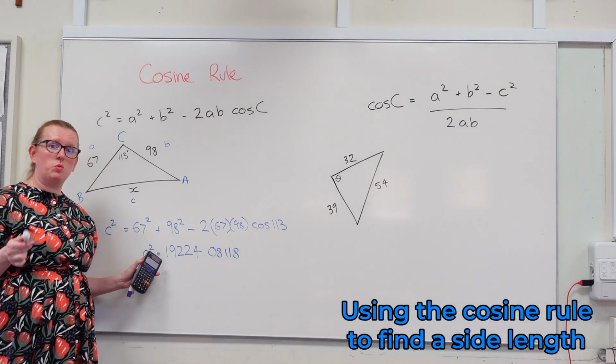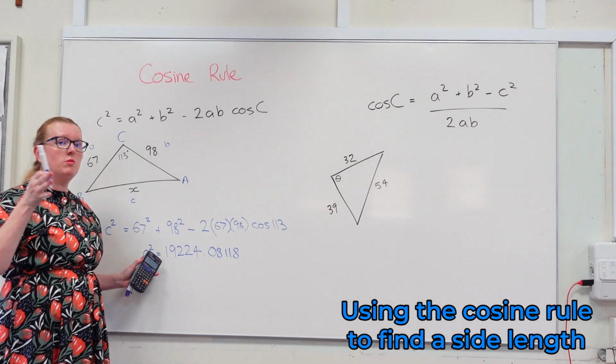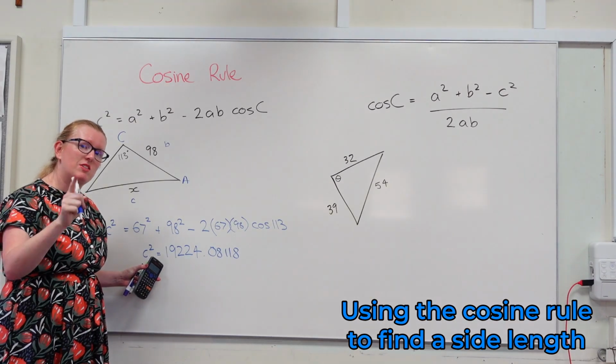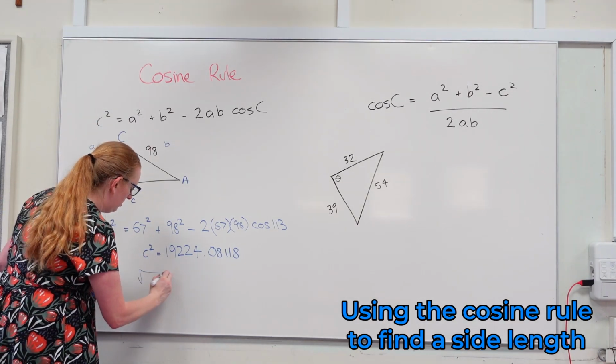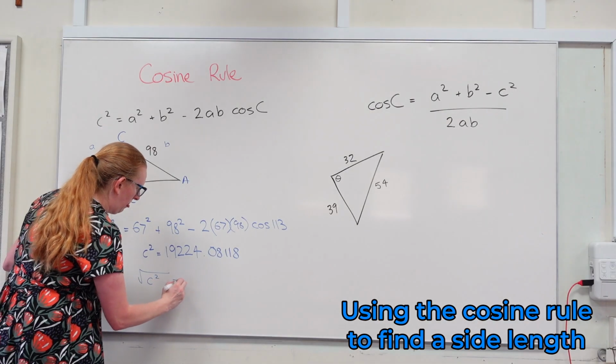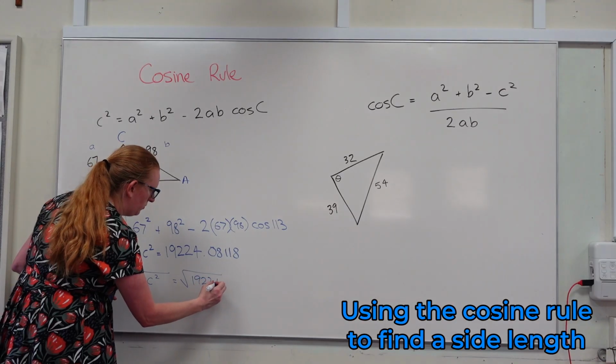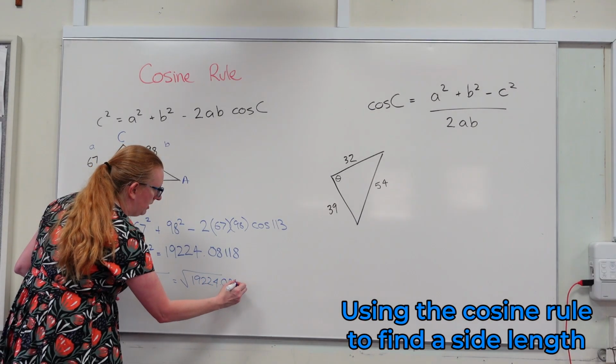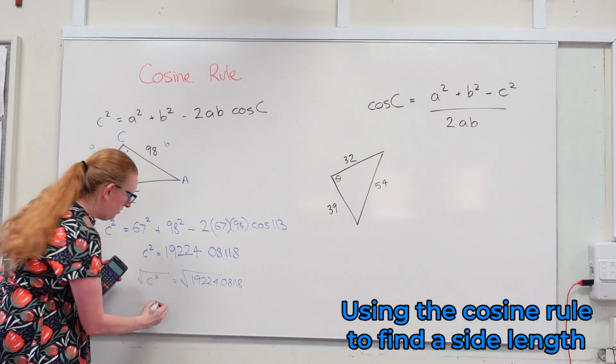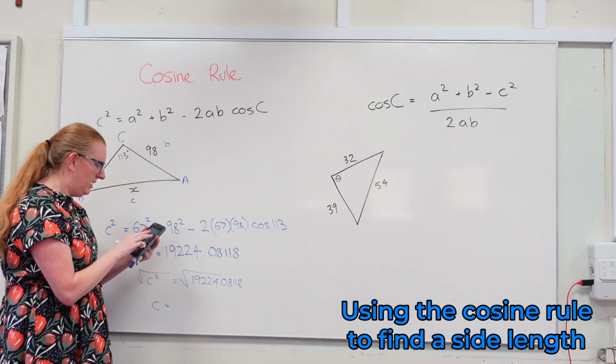Now that's for c squared. I don't want c squared, I want c on its own. So I'm going to have to click square root of 19224.08118, and that will give me c. So square root my answer.